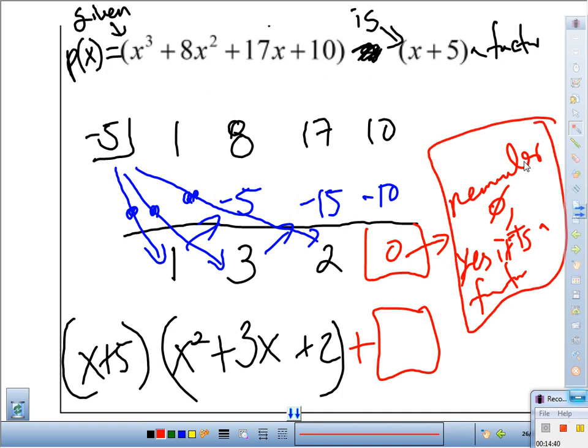If it doesn't have remainder 0, is it a factor? No. That's the only difference. When they're asking you to see if it's a factor, that's what we call the factor theorem. The other one was called remainder. This is called the factor theorem when they're asking you to see if it's a factor.